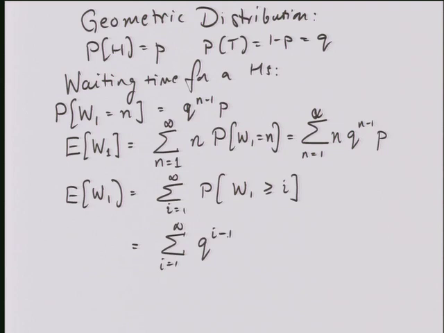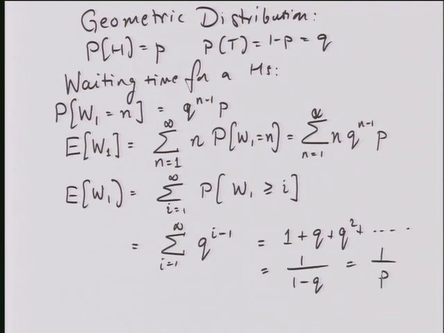If you want to write it out explicitly, it's 1 plus q plus q squared plus dot, dot, dot. So it's a geometric series, hence the geometric distribution. So this is 1 over 1 minus q. 1 minus q is p, so it's 1 over p.